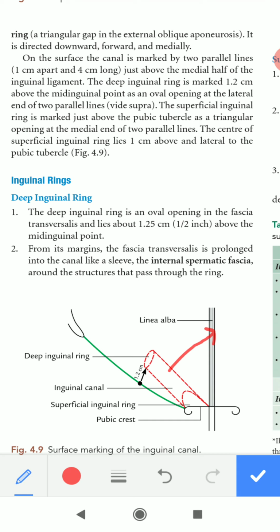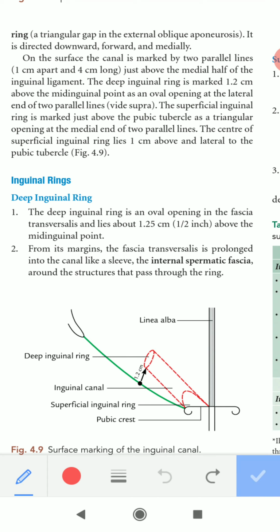It is an oblique intermuscular passage in the lower part of the anterior abdominal wall, and it lies parallel to the medial half of the inguinal ligament. So this is the inguinal ligament, and it lies parallel to the medial half of the inguinal ligament.